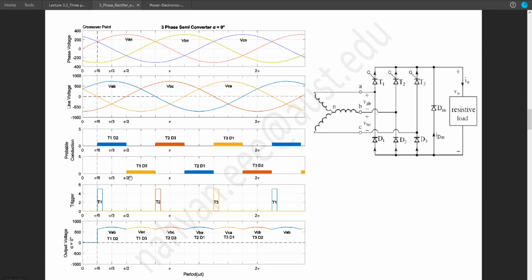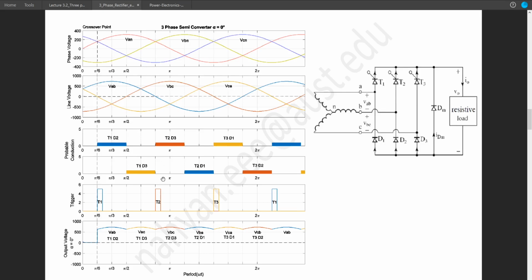After this period, T1 and D3 is the probable conduction zone. Here T1 is already triggered and D3 will be automatically turned on because D3 conducts when the value of C is the lowest, and in this section the value of Cn is indeed the lowest.